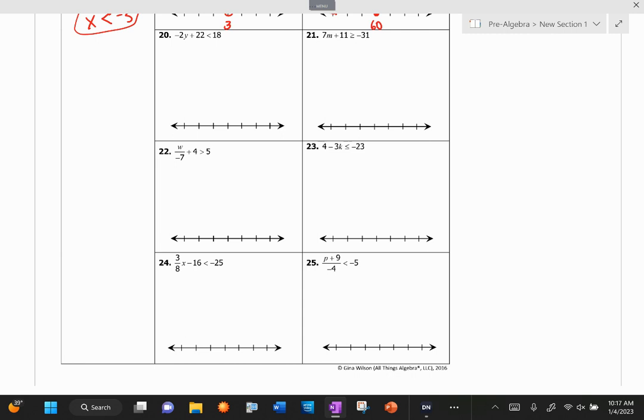Maybe we should flip it because it's divided by 6. So flip the actual sign in the solution. Oh, it's this way.